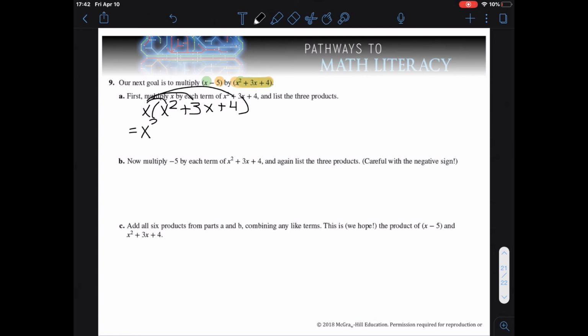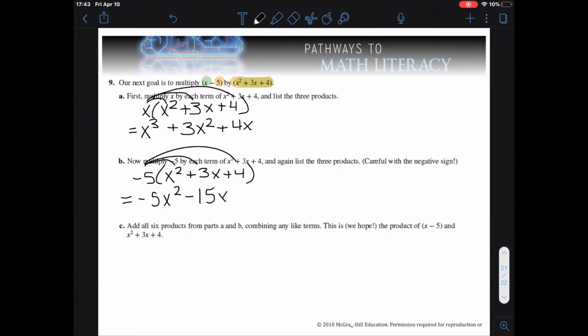So this is x cubed plus 3x squared plus 4x. Now we're going to take the negative 5, which was the second term, and multiply that by each piece in the second factor. So this gets distributed to everything. So that's negative 5x squared minus 15x minus 20.